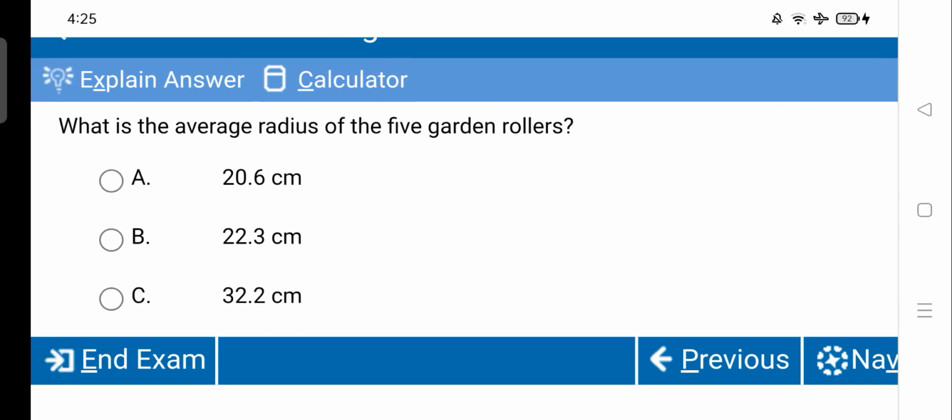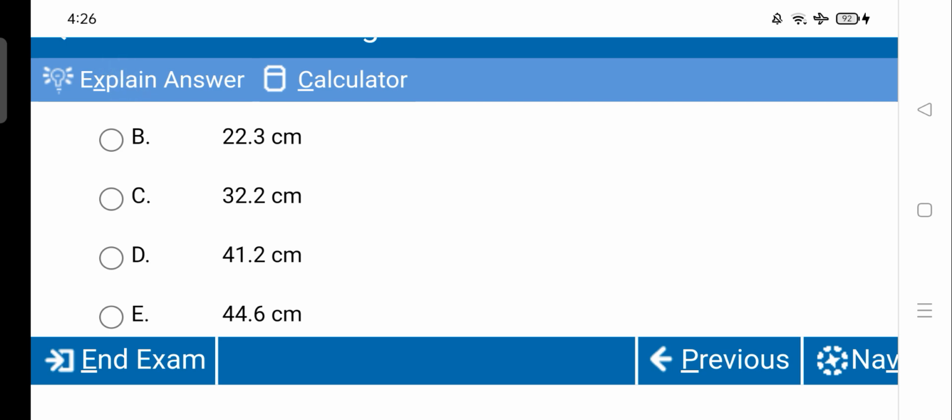Here we have option A as 20.6 centimeters, option B 22.3 centimeters, option C 32.2 centimeters, option D 41.2 centimeters, option E 44.6 centimeters. Let's see which one is the correct option.